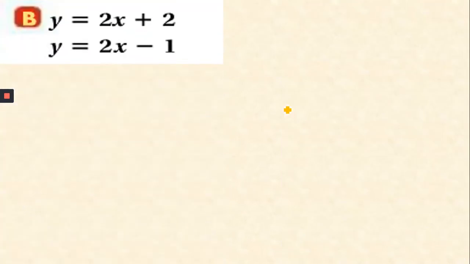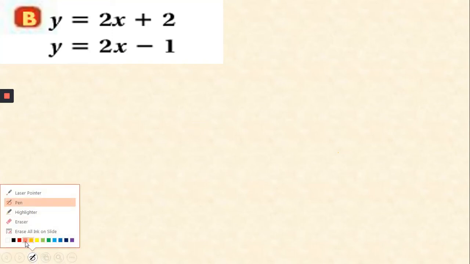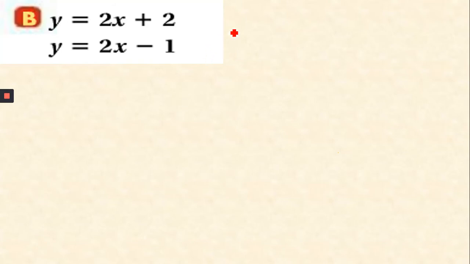We have here y equals mx plus b, y equals 2x plus 2 and y equals 2x minus 1. This is so difficult to determine the color. That's why I need to change it.